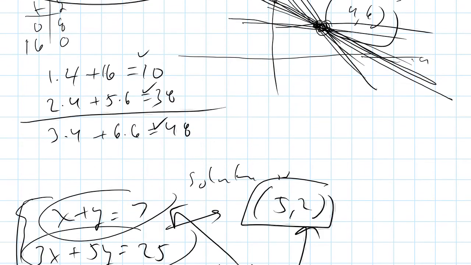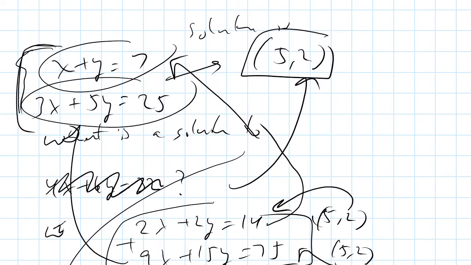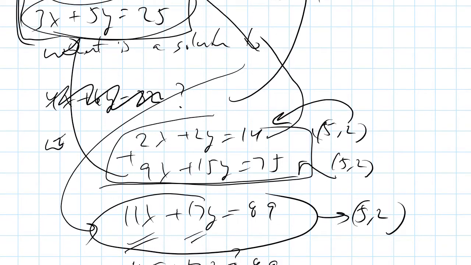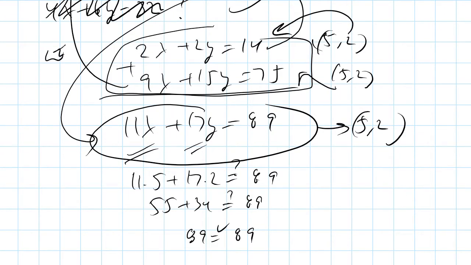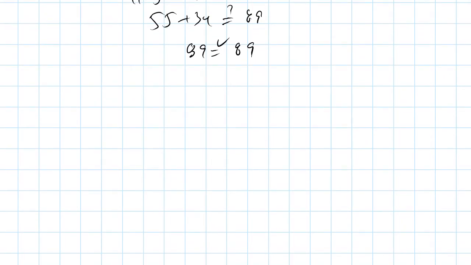I doubt you've ever seen this idea, maybe you have, that adding together two equations produces a third equation with an almost totally different solution set, but that solution set also has the solution to the system of equations in it. But how useful is that? Not really. Yes, this thing has the solution in it, but it has so many other things. How does that help us at all?